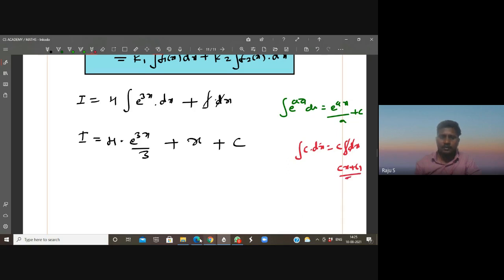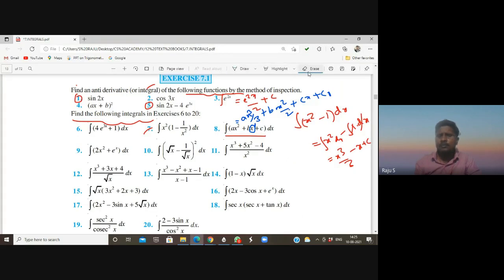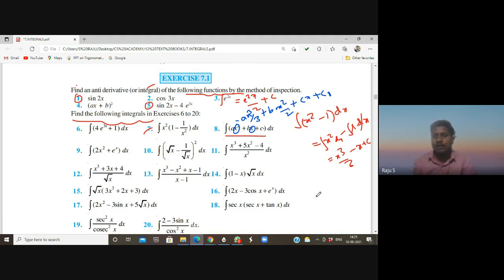In the same way here also, these are very simple questions. x square, just the variable x alone you can integrate. x square is x cube by 3, x becomes x square by 2, c becomes cx, k becomes kx, 100 becomes 100x, 1000 becomes 1000x, minus 2 dx becomes minus 2x. That's all. Whenever we have only a constant, it becomes the constant into x. If c is there, the answer is c into x.